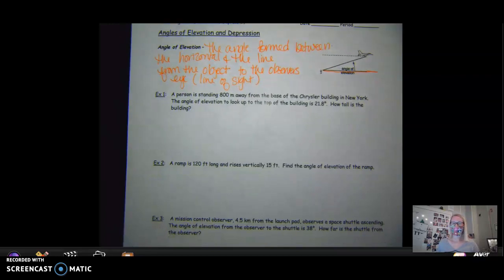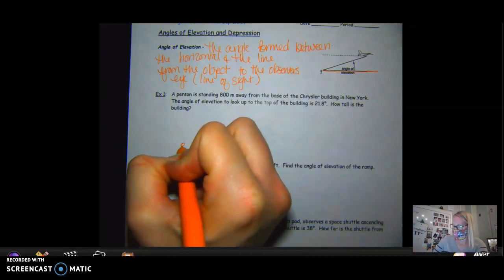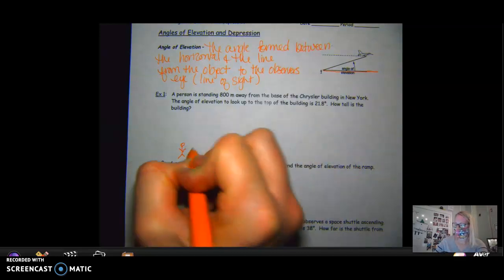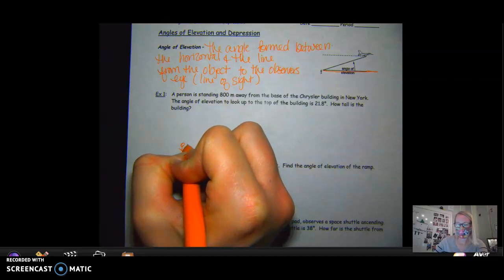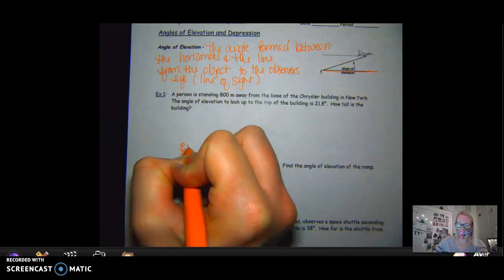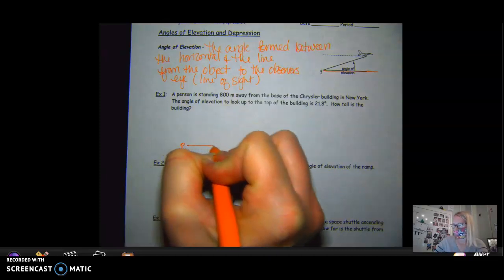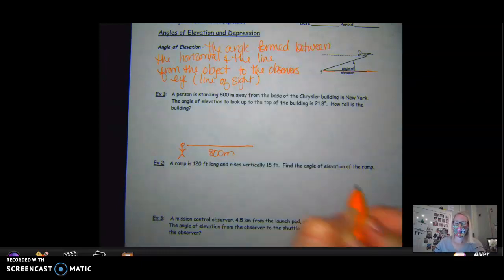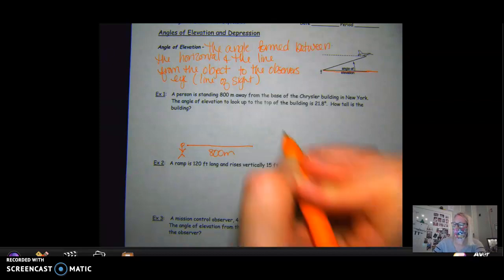A person is standing 800 meters away from the base of a Chrysler building. So you have to draw a picture for each of these, right? So we have a person. They are standing 800 meters away from the base of the Chrysler building in New York.